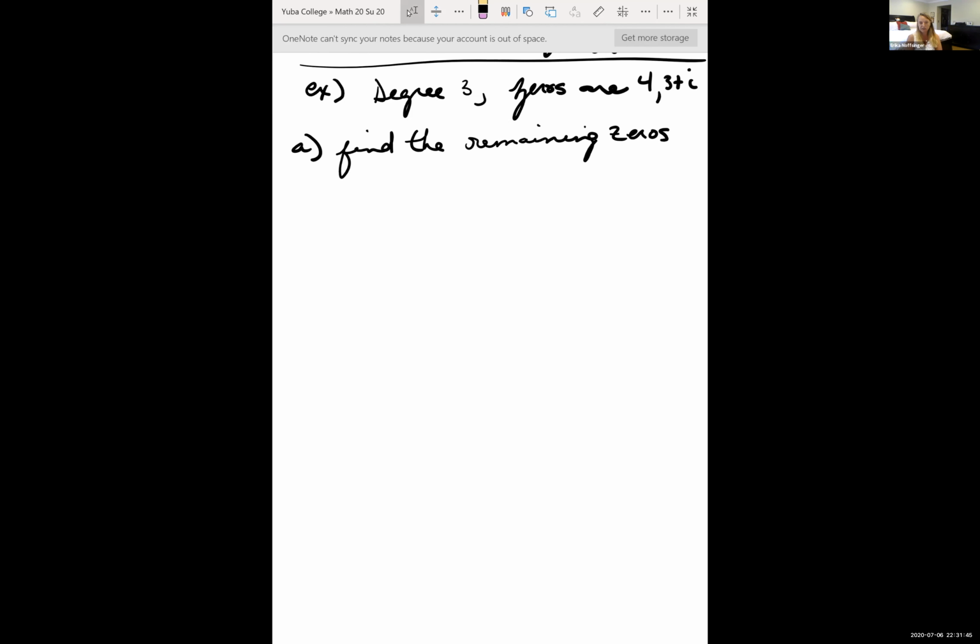Okay, well, it told me it's degree 3. It told me it had real coefficients, and it's giving me one zero is 4. It's giving me another zero, 3 plus i. And so just by that theorem I gave you, the conjugate pair theorem, I know that the conjugate of 3 plus i is also a zero, and that would be 3 minus i.